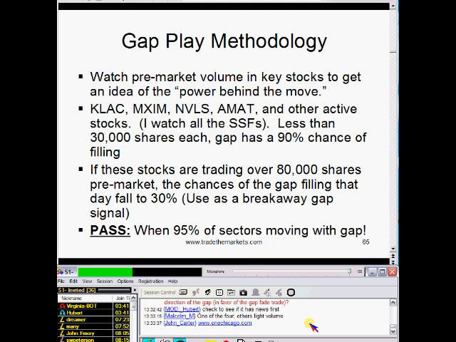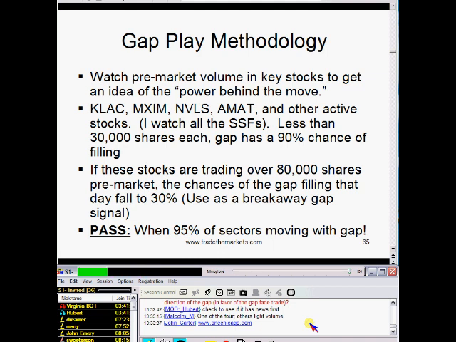I actually watch all 95 of those. I don't watch the single stock futures, I just watch the underlying cash stock, because I want to know pre-market what all these stocks are doing. Is there a lot of volume coming into these or not? That's one of the things we'll do on Monday: I'll show you how this works pre-market, and we'll look at that live.